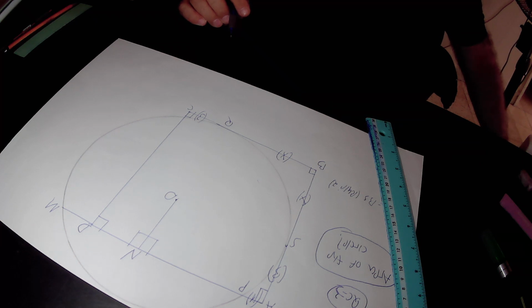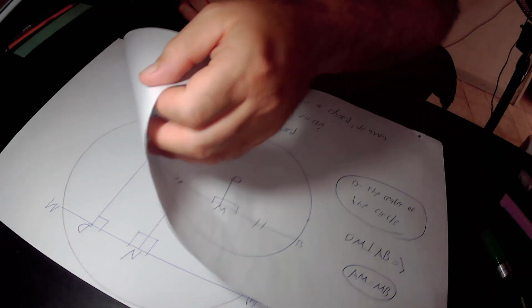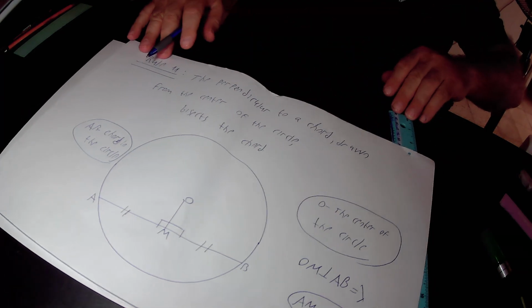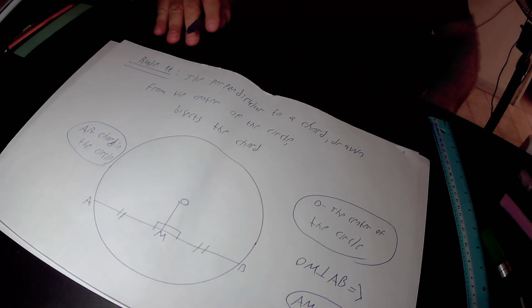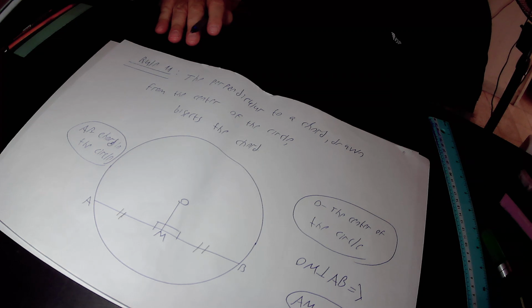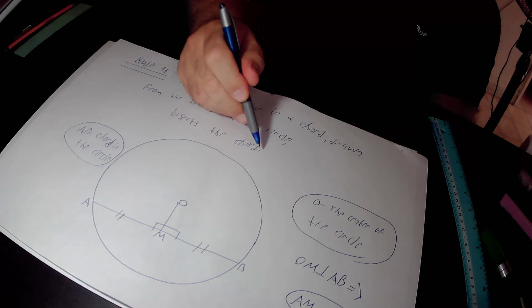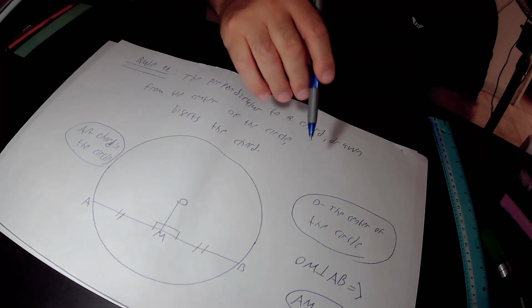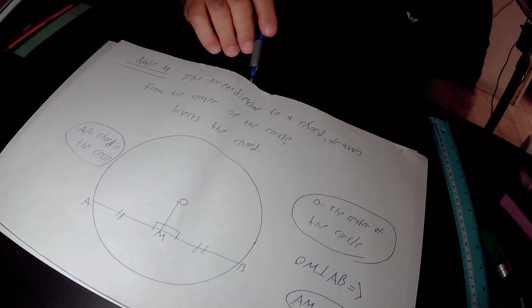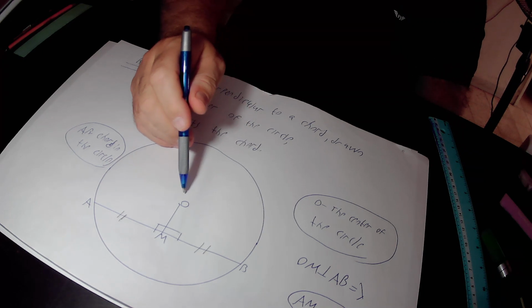So I'll recall quickly rule 11. According to rule 11, the perpendicular to a chord drawn from the center of the circle bisects the chord. So in the drawing we have a circle, and point O is the center of this circle.